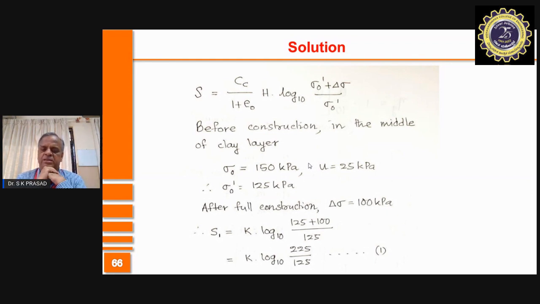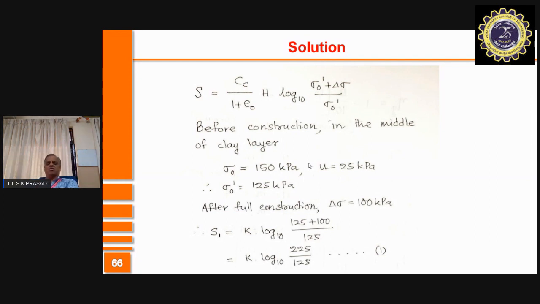Therefore, if I find the consolidation settlement after the construction is completed, K is equal to Cc over 1 plus e naught into H. Cc, e naught, H are constants for a given condition.